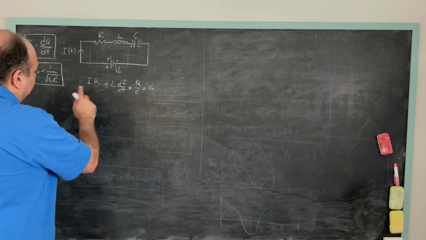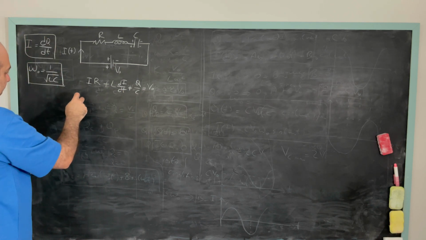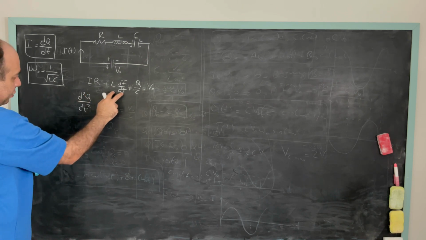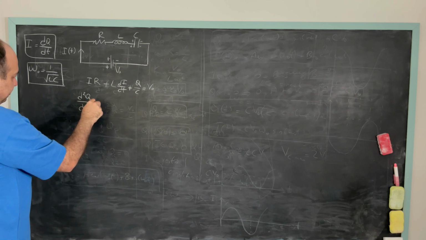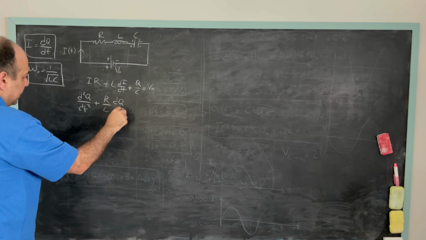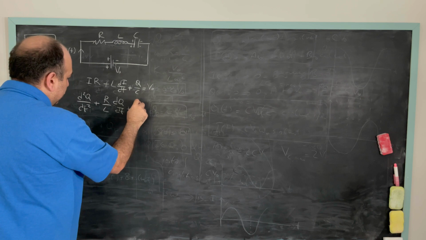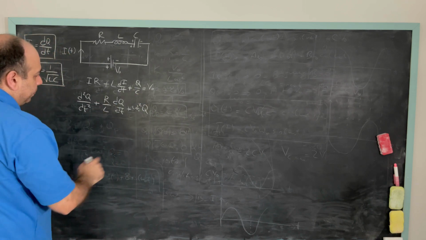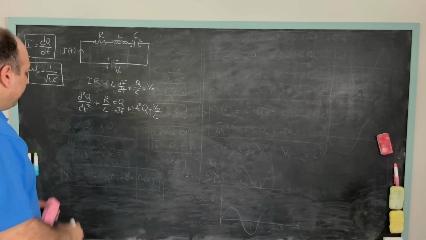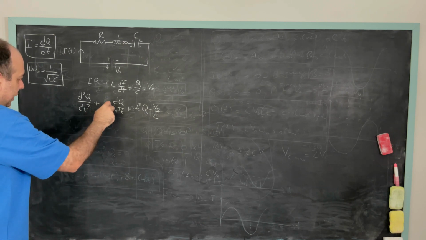So if I divide everything by L here and use these relations, what I get is d squared q over dt squared, this term here, plus R over L dq over dt, this term here, and then plus omega naught squared q, this term, is equal to V naught over L.